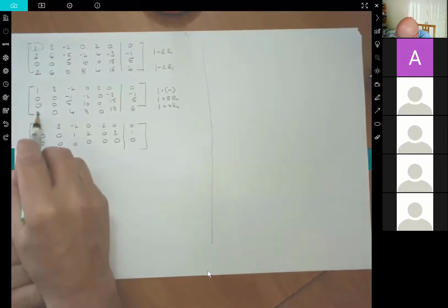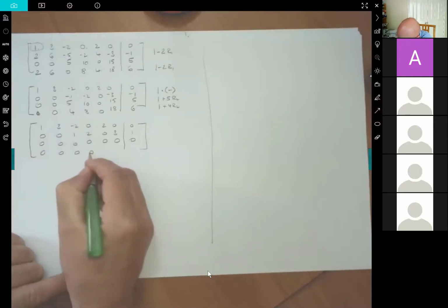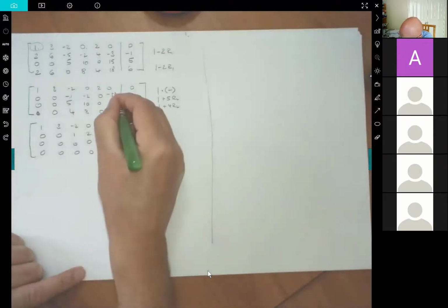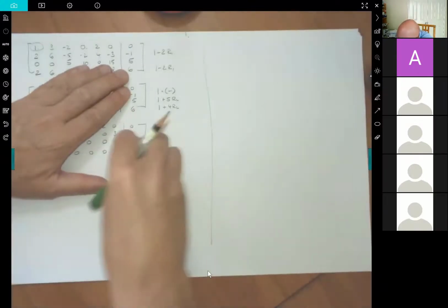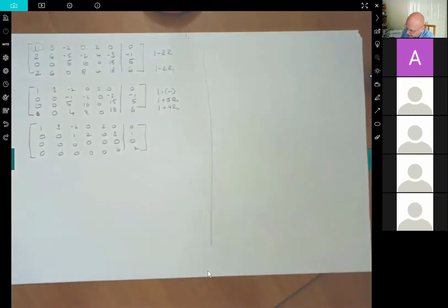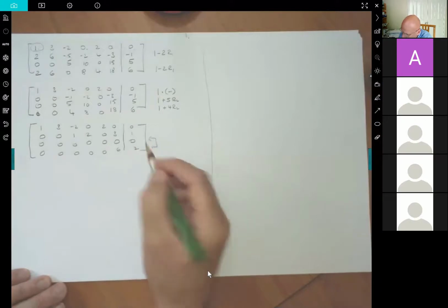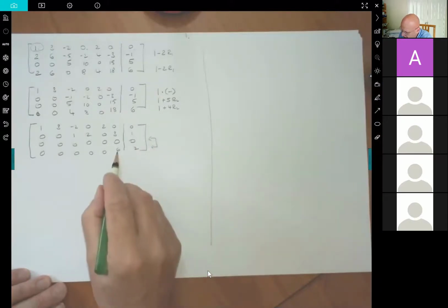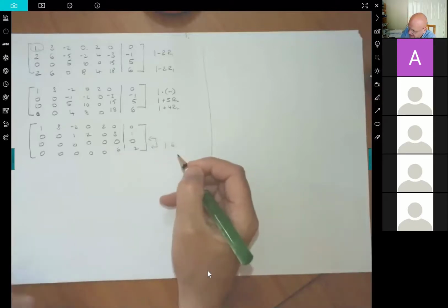And then this plus 4 times this. Oh, sorry, 6 plus 4 is 2. Okay, so first this is a 0 row, so we have to put it on the bottom. And at the same time, 6, 2, I turn this into a leading 1 by also dividing by 6.